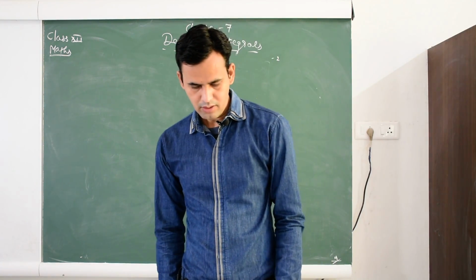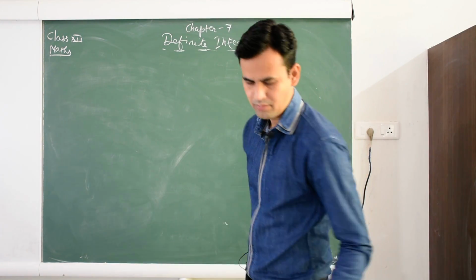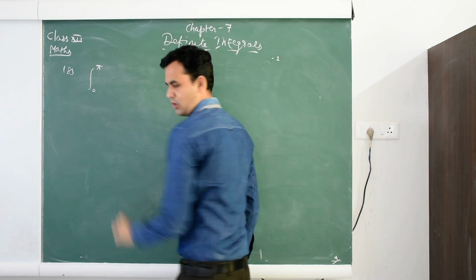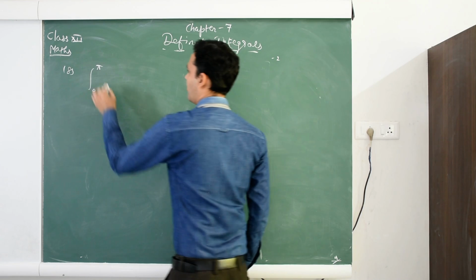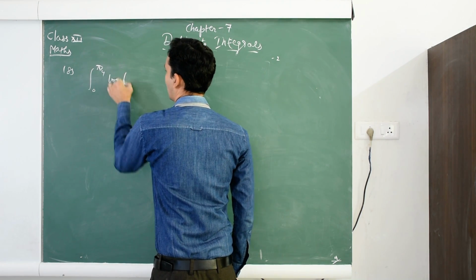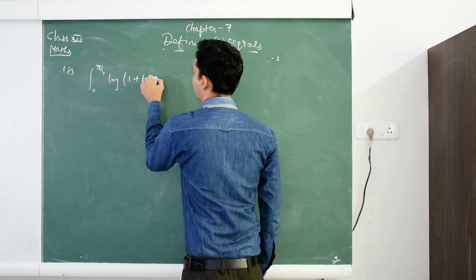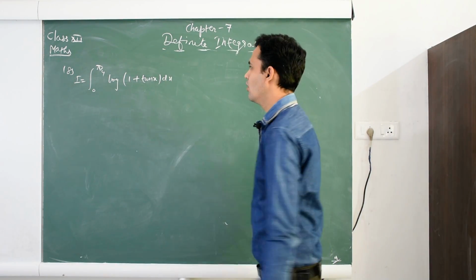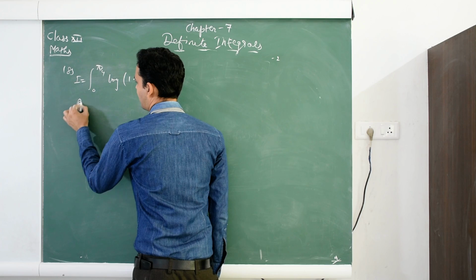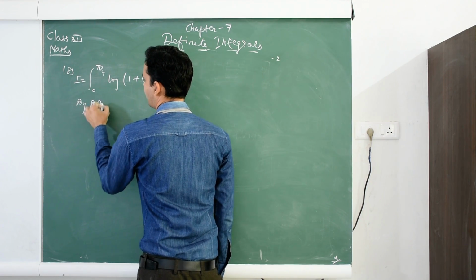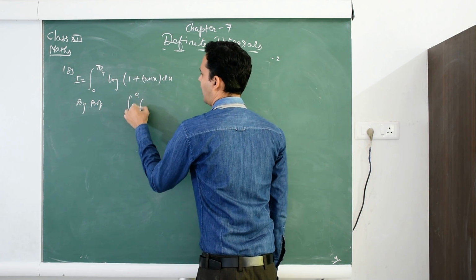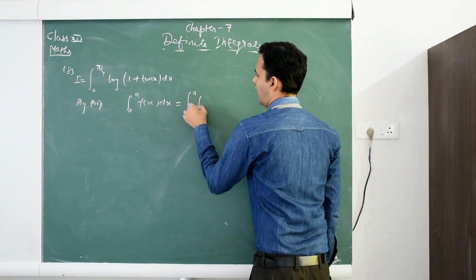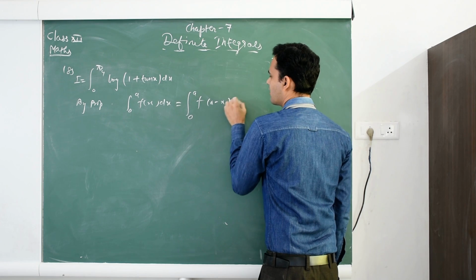Question number 8. Integral 0 to pi by 4 of log(1 plus tan x) dx. This is equal to I. So we use the property: integral 0 to a f(x) dx equals integral 0 to a f(a minus x) dx.